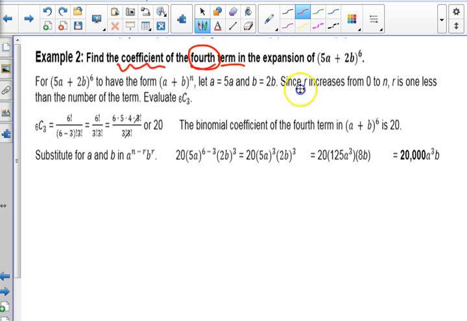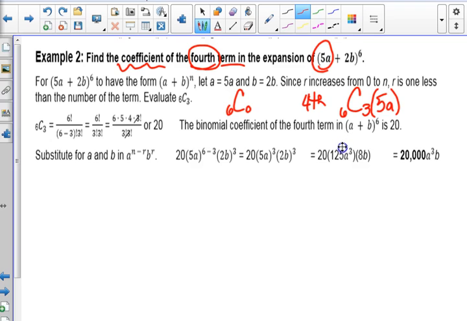Now, do you remember what we were just doing? Remember the first term would be 6C0? So the 4th term is actually 6C3. Got 0, 1, 2, 3. Everybody good? Use your fingers, okay? 6C3. And then what happens to the power of this guy? 5A.